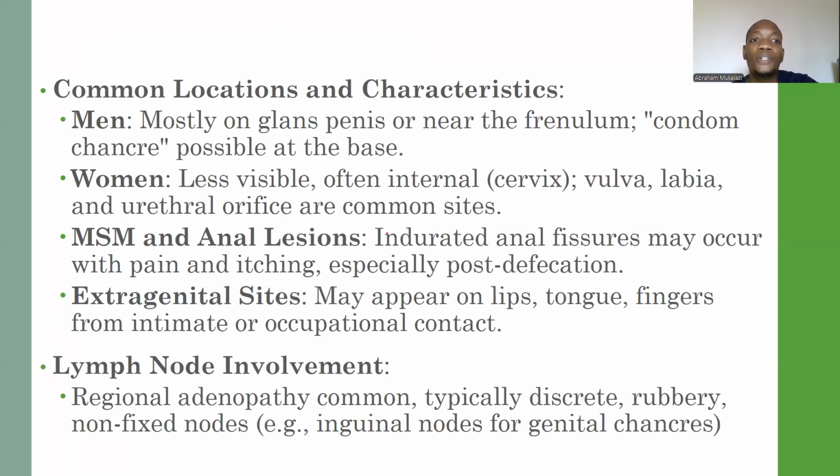Then the common location when it comes to men, the primary syphilitic chancre, we usually see it on the glans penis or near the frenulum or the foreskin. It can also be seen down below the shaft, especially if someone is using a condom. In that case, we usually call it the condom chancre that occurs at the base of the penis or the penile shaft. And then for women, these lesions are usually less visible.